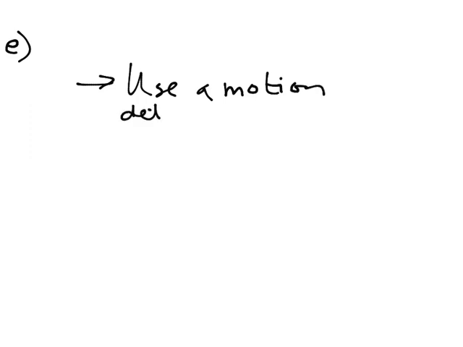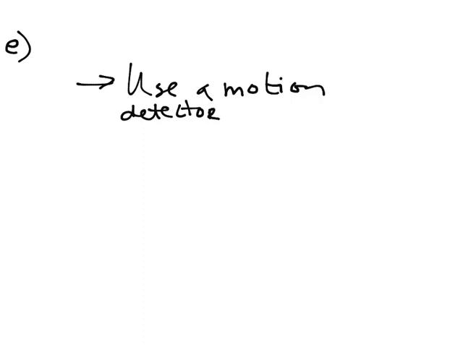In part E, it asks me to describe a procedure for measuring the height h in an experiment. There are lots of good ways to do that. Use a motion detector, which will give you pretty accurate data. You could just put your hand there.